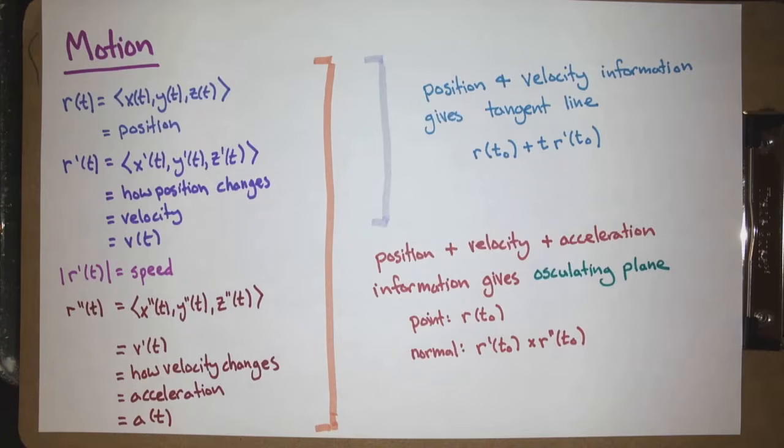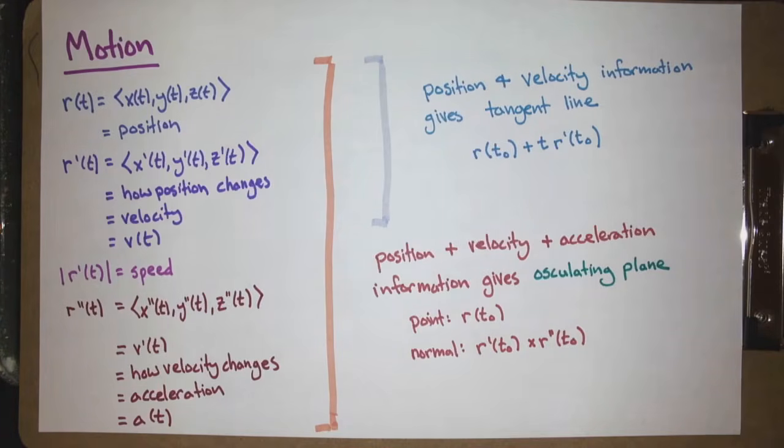But we said the first derivative is velocity, so that's how velocity is changing. And then the physicists say, well, let's give that a name. We'll call it acceleration. And everyone's like, cool, more alphabet. So we now have acceleration, a of t, that refers to the second derivative.